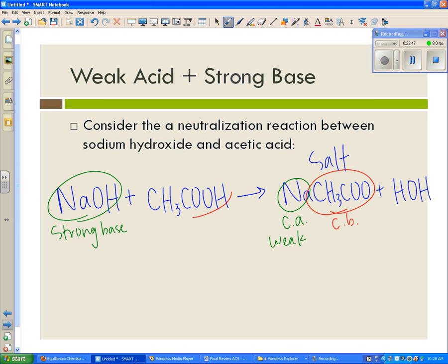It comes from acetic acid, which is a weak acid, which makes this conjugate strong. Because this is a strong conjugate base, it can actually affect the pH of the solution at the point of neutralization. We'll take a look at how.